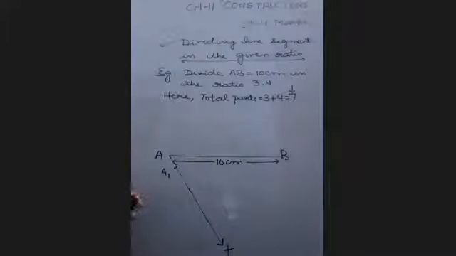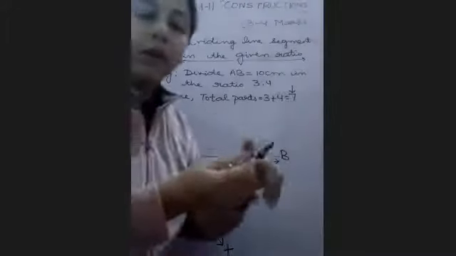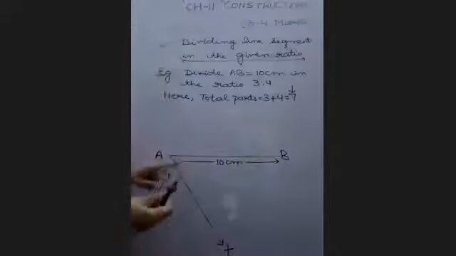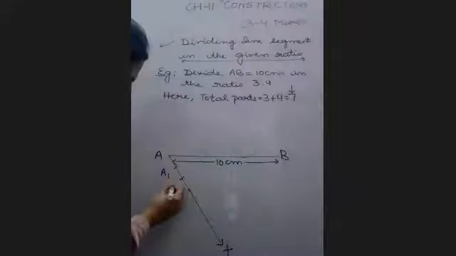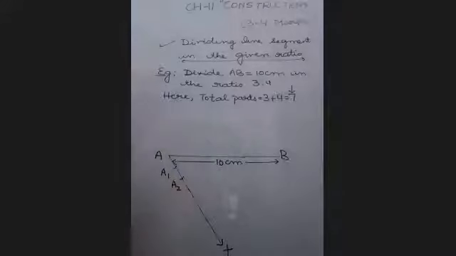Okay. Now for the next thing, mind it children, we are not going to change the radius. Keep it on A1. Draw another arc. Again, I am darkening it. Let it be A2. Likewise, A3, A4, A5, A6.